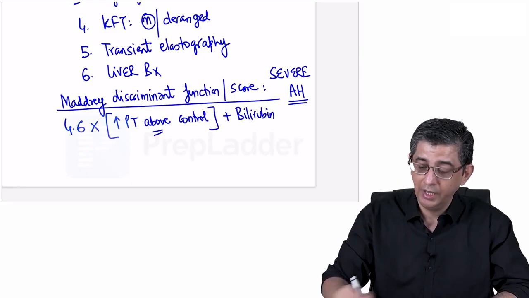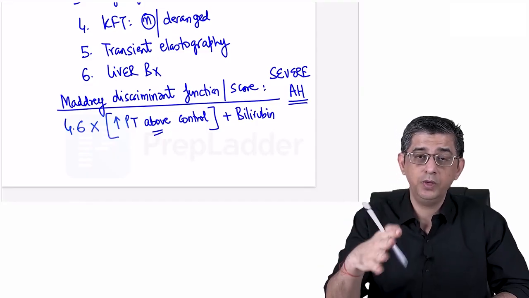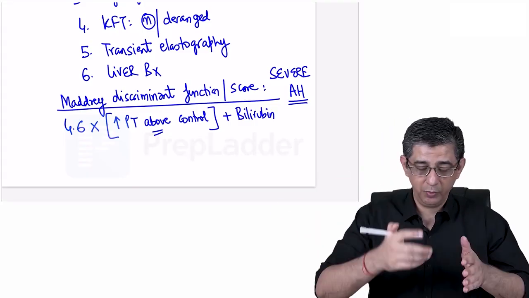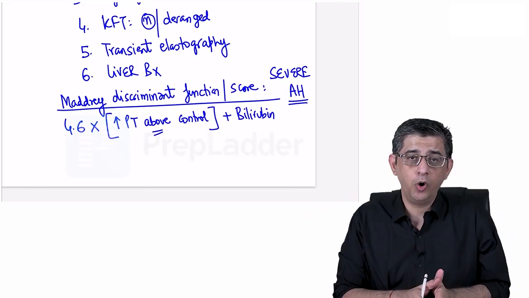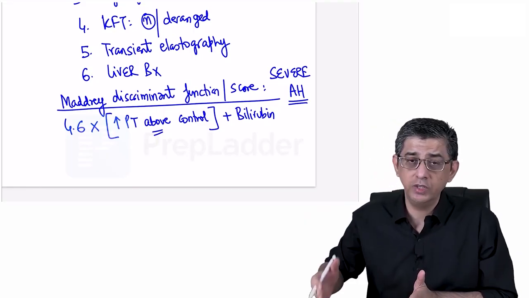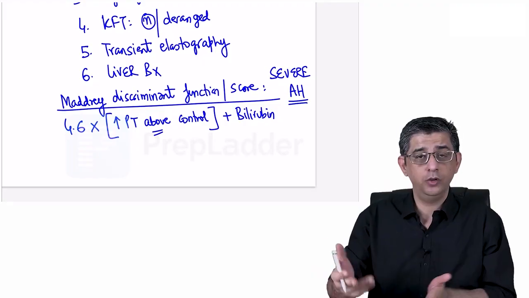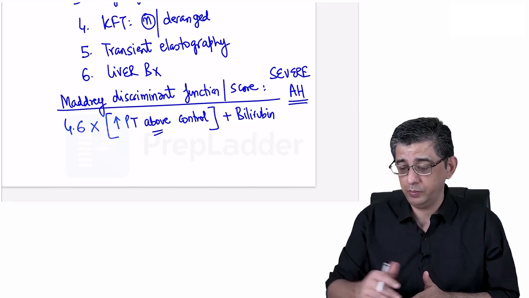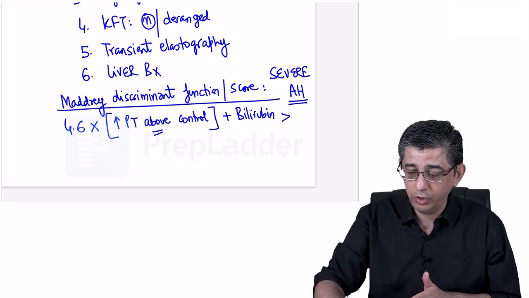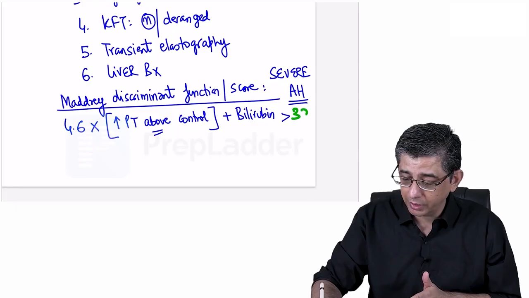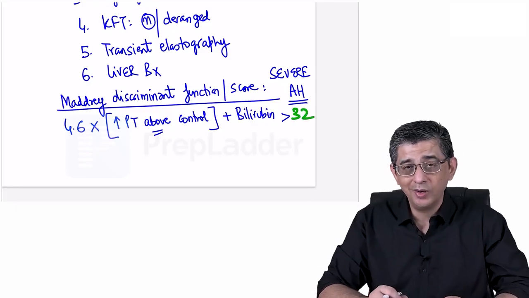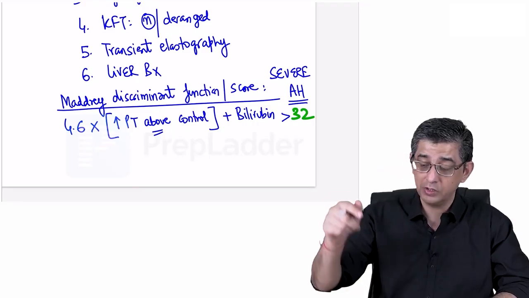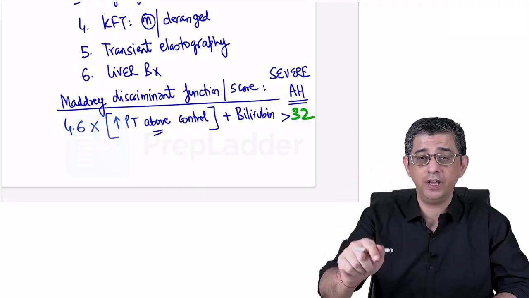You can understand that in alcoholic hepatitis bilirubin values are normal, but as he progresses from mild, moderate, severe alcoholic hepatitis towards the development of cirrhosis, the bilirubin values will start getting deranged. So if the mathematical value turns out to be more than 32, this is one of the indicators for initiating treatment in alcoholic hepatitis, because if you do not intervene at this point of time, it's too late.